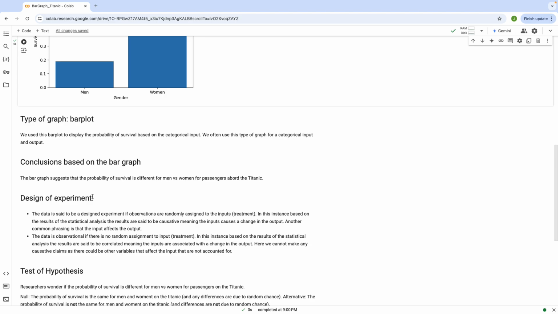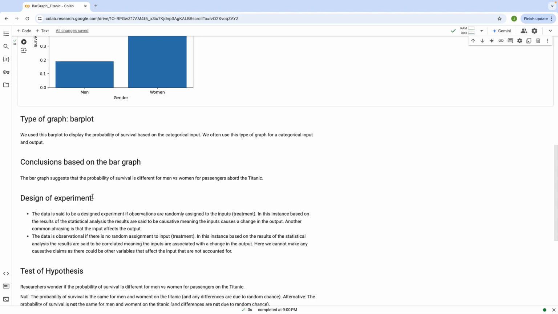An important thing to consider when you're making conclusions is to consider how the data is collected. And that concerns the design of the experiment. So the data is a designed experiment if we can randomly assign people to inputs or groups. The data is observational if you're just observing the data, not attempting to assign the individuals to a group.